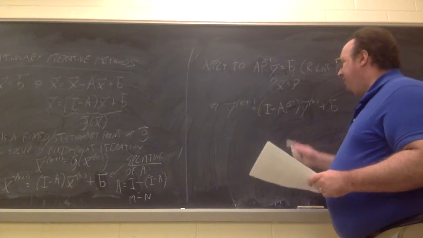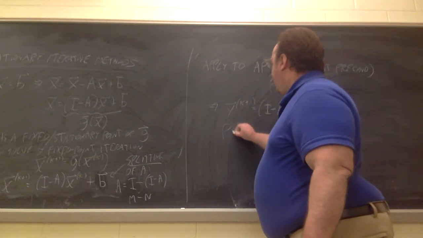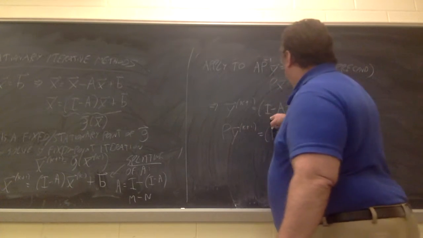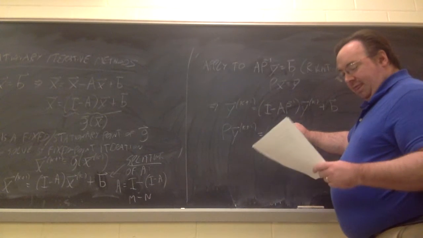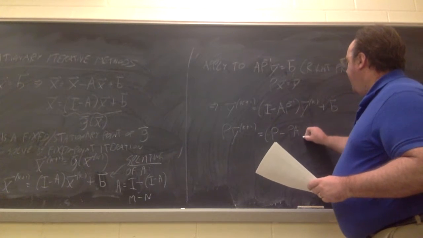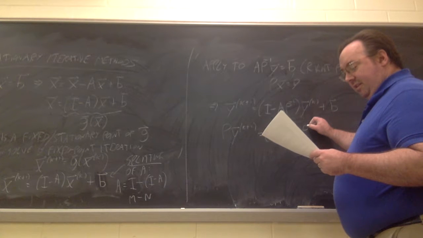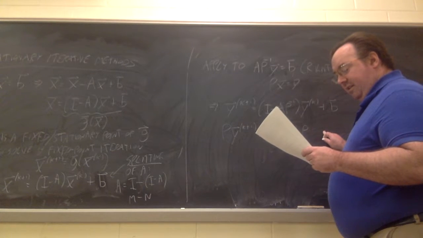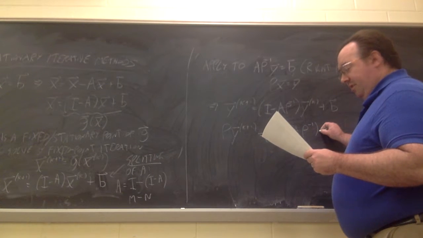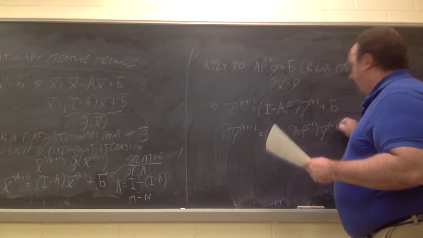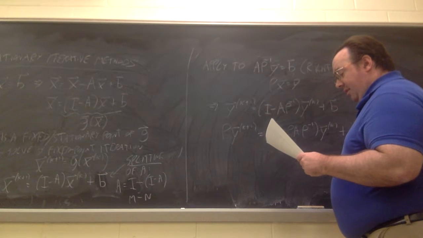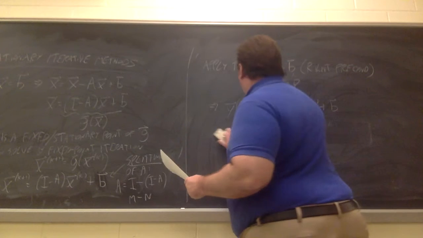What this calls for is multiplying both sides on the left by P. So P y_{k+1} equals P in here minus P A inverse y_k plus, no, I don't want to do that.